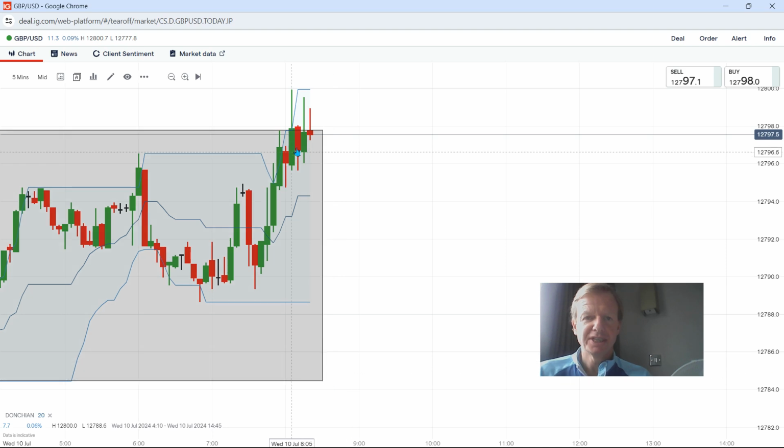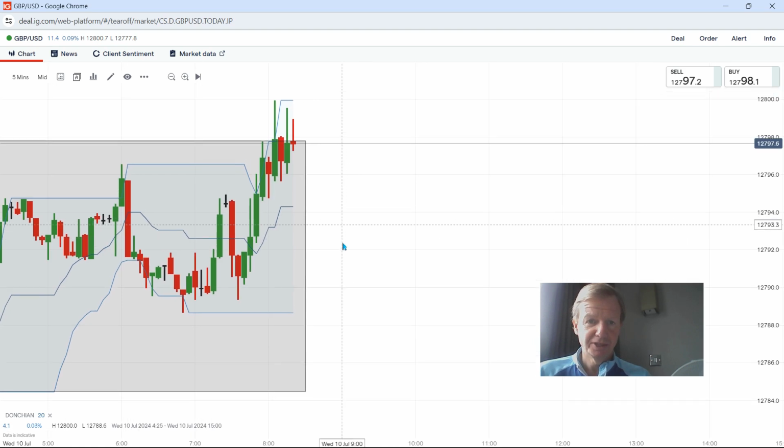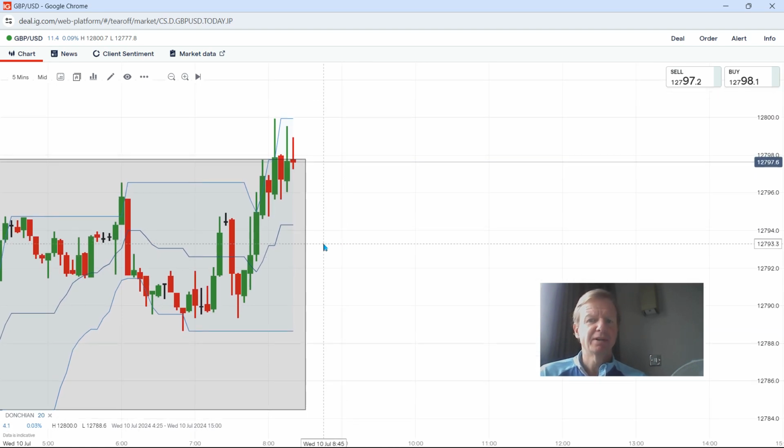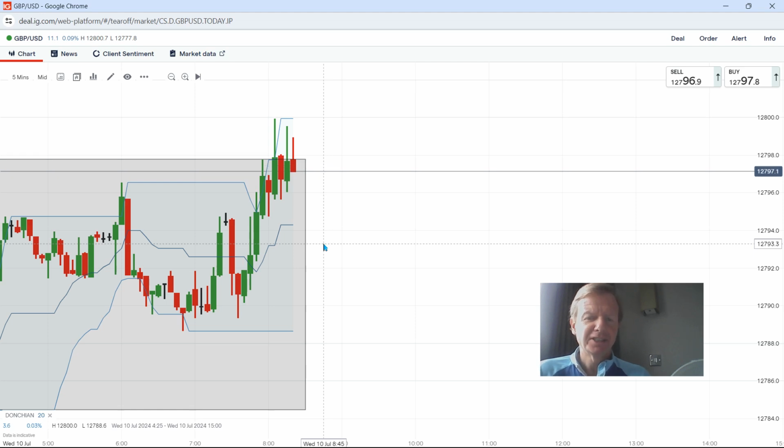The whole range of this box is only 13, so it's a very narrow range. Anything up to 20 I consider a narrow range. When you get to something like 40-something pips, the likelihood of it breaking out is far less.